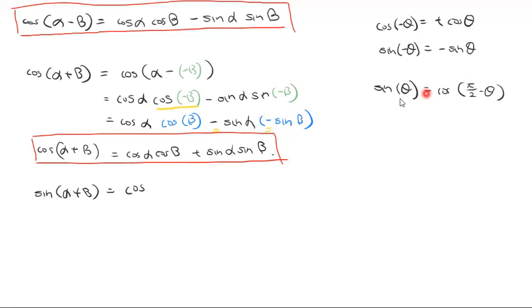So sine of any angle is cosine of pi over 2 minus theta. And that's what I'm going to use here. So this angle here is going to be put in as pi over 2 minus that angle. Does everyone understand what I've done there? I've used this relationship to change the left-hand side into the right-hand side.